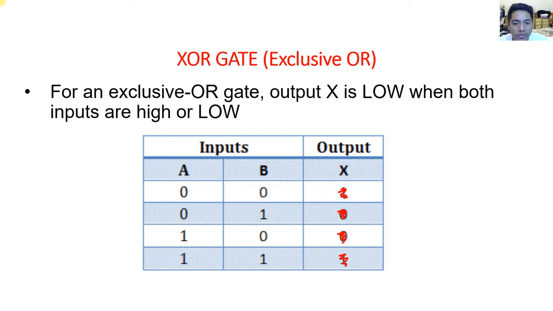So if the two inputs are the same, we have 0. And if they are different, we have 1, for 1 and 0. So for an XOR, the output will be high if the inputs are different, and the output will only be low if the inputs are the same. So that is for an XOR.